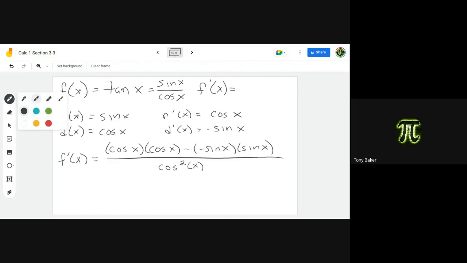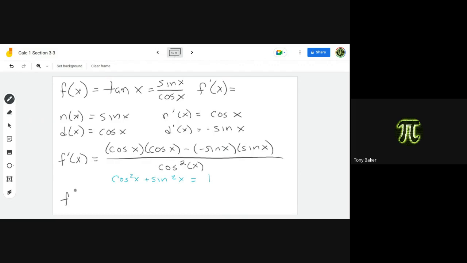So on the top, I have what? I have cosine squared x plus sine squared x, right? What does that equal? 1. That's the Pythagorean identity. Cosine squared x plus sine squared x equals 1.